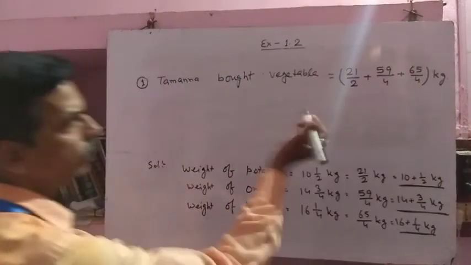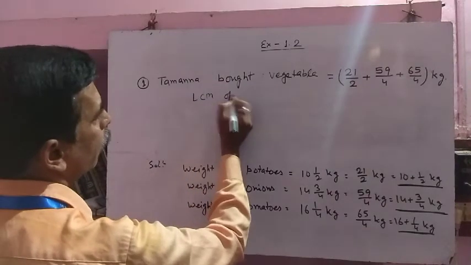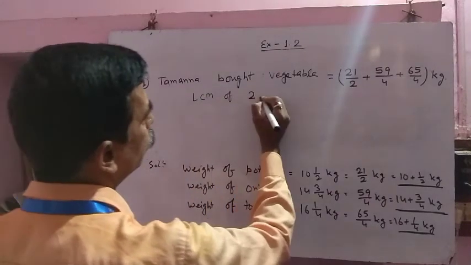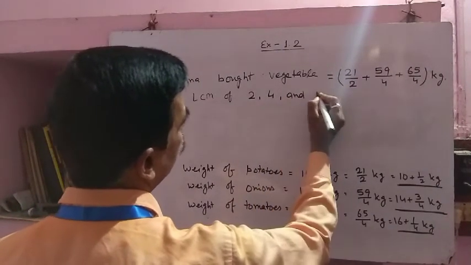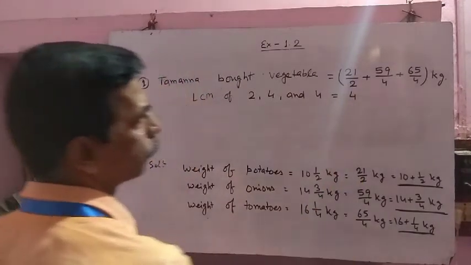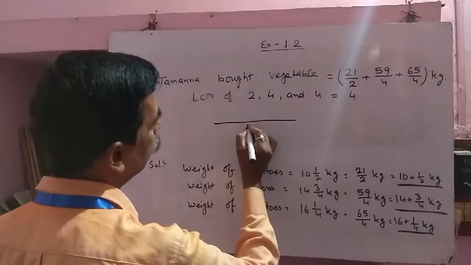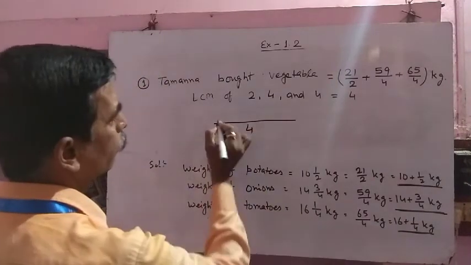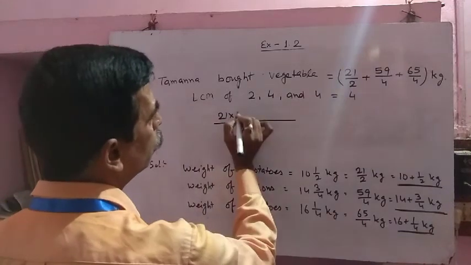Okay, so now the LCM of 2, 4 and 4 is equal to 4. Is it? So take the common LCM, which is 4. So it becomes 21 into 2, 2 times 4 is 8.